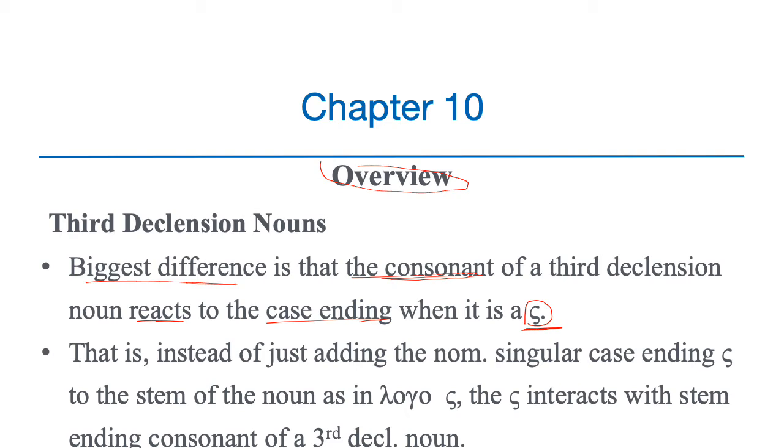So instead of just adding the nominative singular case ending sigma to the stem of the noun, such as in logo, getting logos, in this case the sigma interacts with the stem. It interacts with the stem-ending consonant of the third declension noun. That is like a lot, but just hold that in your mind. It's coming up again. In short, the consonant that ends the third declension noun stem interacts with the sigma, and changes will happen when you add the sigma to it.